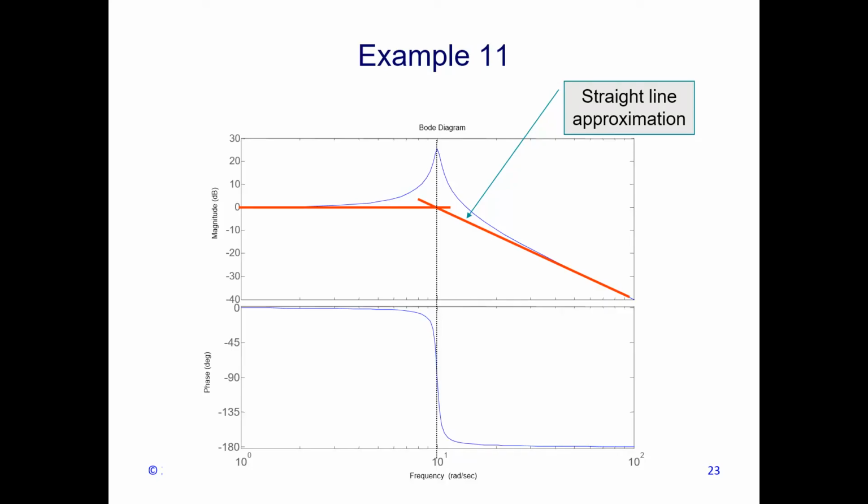Alright, so in recapping this lecture, what we observed is that when we are doing second order Bode plots, there's a damping factor associated that changes the shape of the Bode plot. For the magnitude plot, there's going to be a prominent peak at the cutoff frequency, as we can see here. And for our phase plots, it's going to look more like a straight line approximation when zeta tends towards 0.